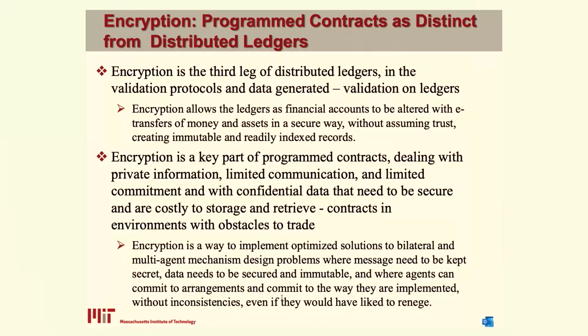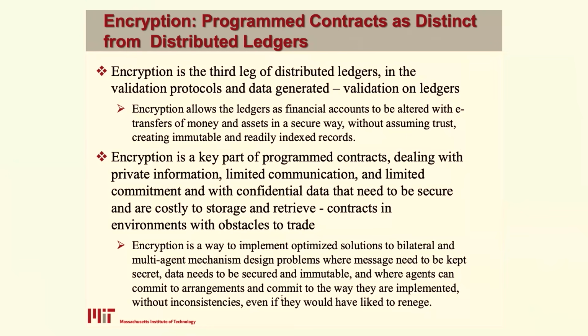As part of the programming of contracts, we can deal with all kinds of obstacles to trade: private information, limited communication, limited commitment, confidential data. So the data need to be secure, and it can be costly to store and retrieve data potentially. So encryption is a way to implement optimized solutions for 2 or more multilateral agents who want to solve a mechanism design problem, but they want to keep the messages they're sending back and forth secret.